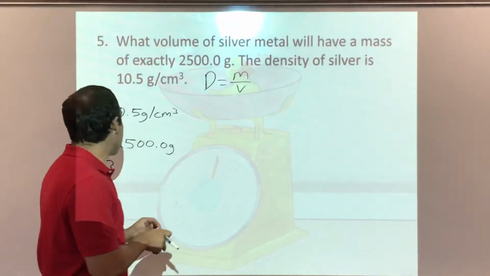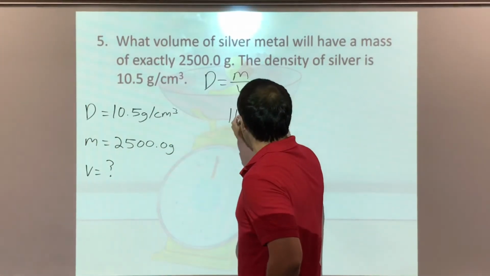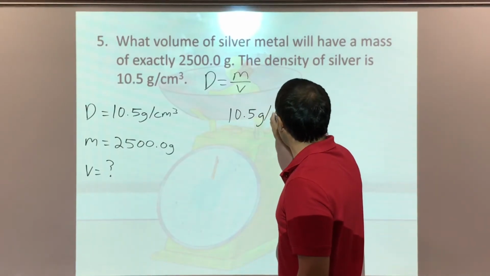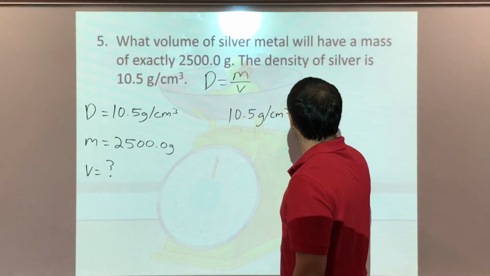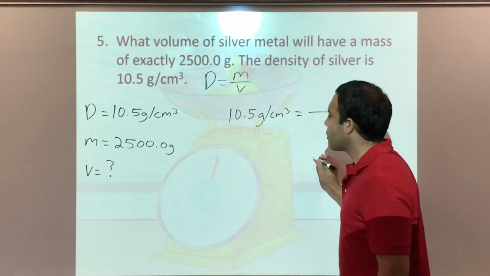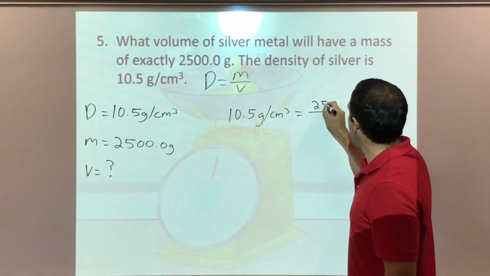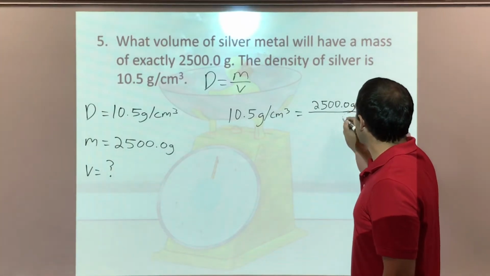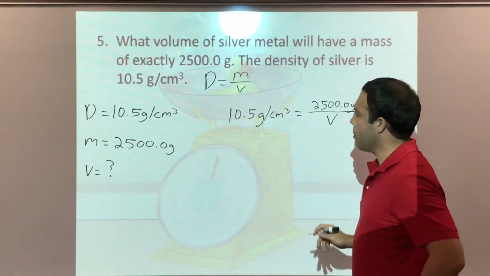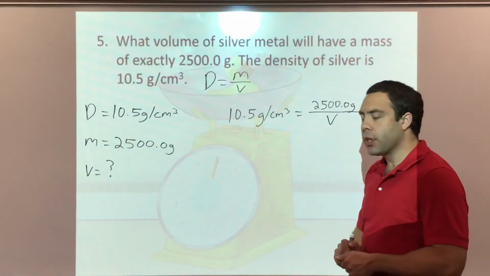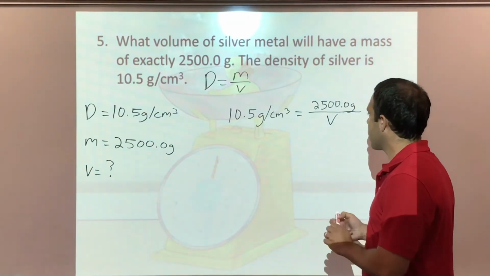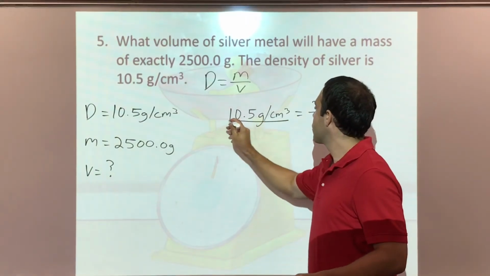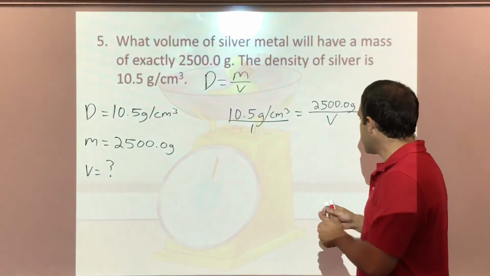Next, we plug in our numbers. So 10.5 grams per cubic centimeter is equal to 2,500.0 grams over volume. Now we still have 2 more steps to go from here. We can put this 10.5 over 1 and we cross multiply.